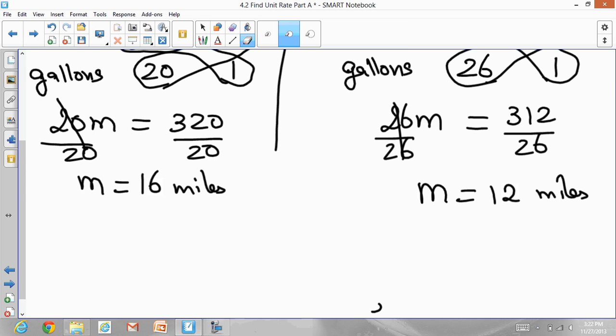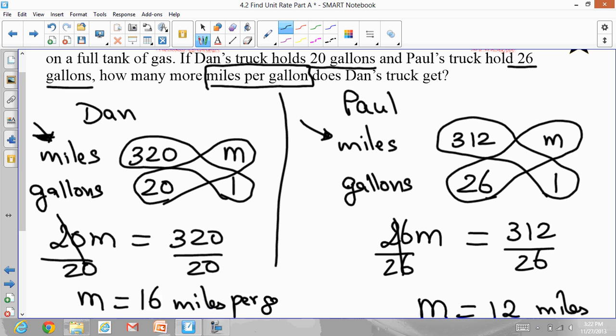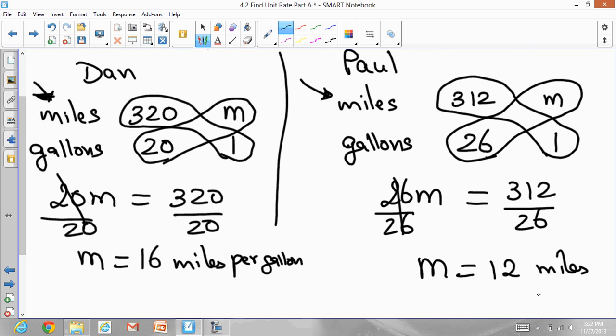So you found Paul's and you found Dan's. Dan's truck can give you 16 miles per gallon. In 1 gallon, you can go 16 miles. Paul can give you 12 miles per gallon. That means if you were to take Paul's truck, you would be able to go 12 miles in 1 gallon.